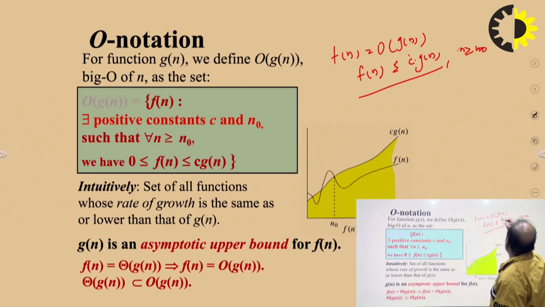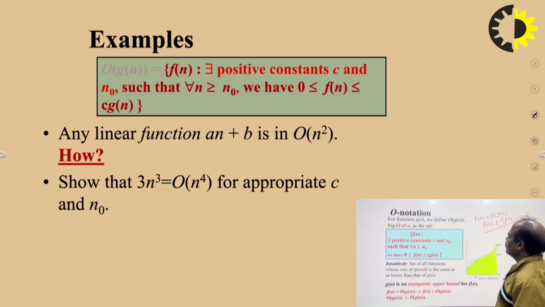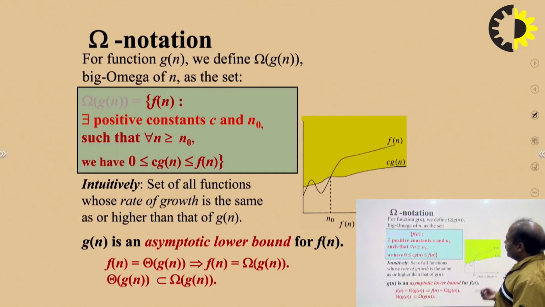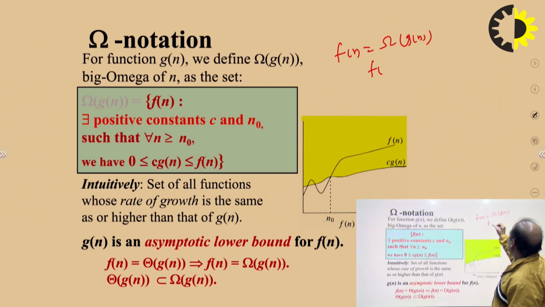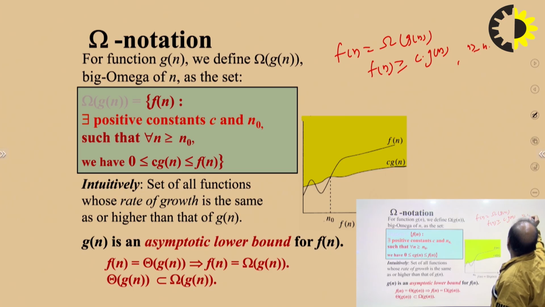You can define c and n naught; if it works, f(n) is treated as big O. Another notation is omega: f(n) is omega of g(n) if f(n) is greater than or equal to c g(n), for n greater than or equal to n naught, where c is a constant.